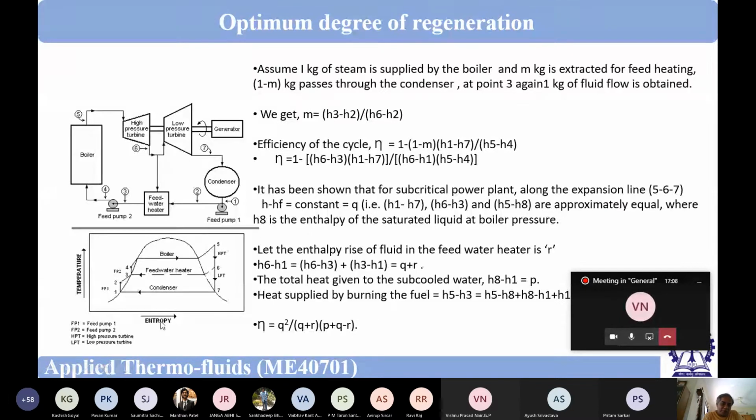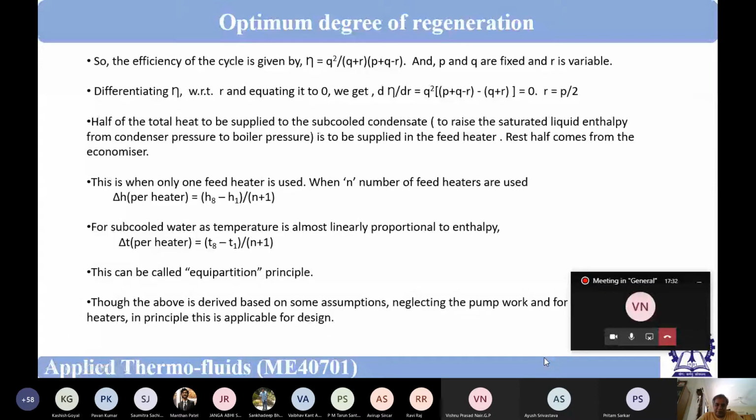P is the total amount of heat that has to be given to the subcooled water for bringing it to the saturated condition corresponding to the boiler pressure. If there is one feed water heater, we give half of this heat in the feed water heater, and obviously half of it in the economizer.